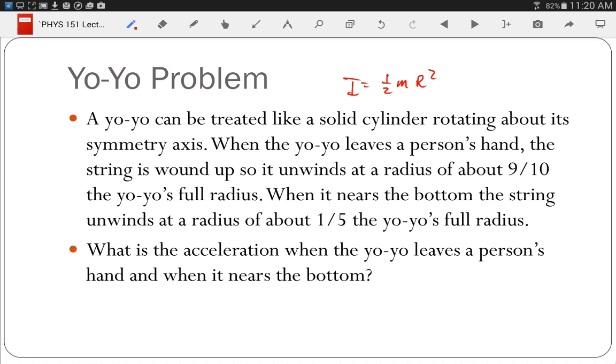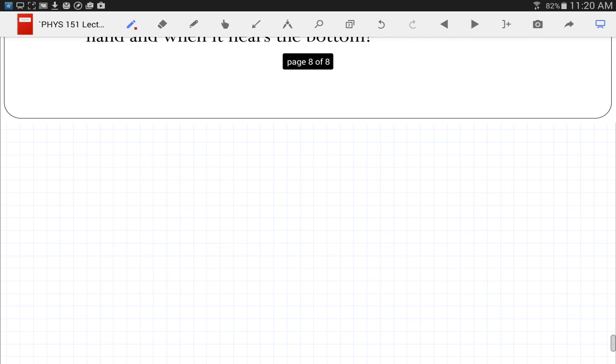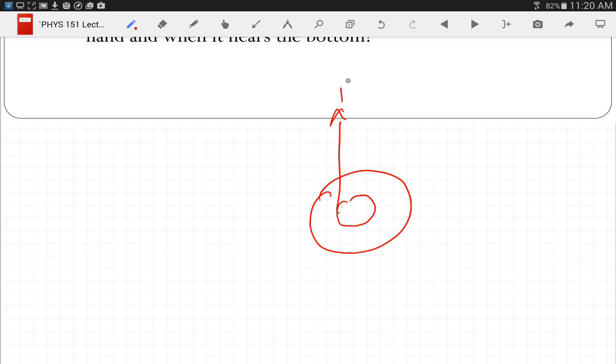You let go of the yo-yo, if you didn't have any string tied to it, it would just fall with the acceleration of g. But because you have that string, and there's a tension in the string, here's my yo-yo, here's the string with its force of tension pulling up, force of gravity down.